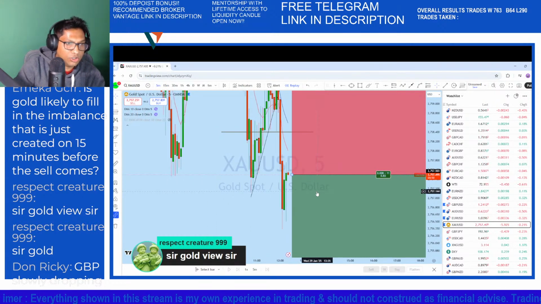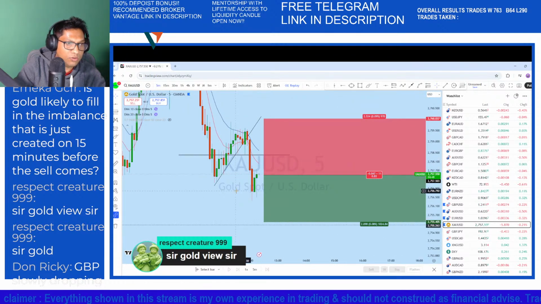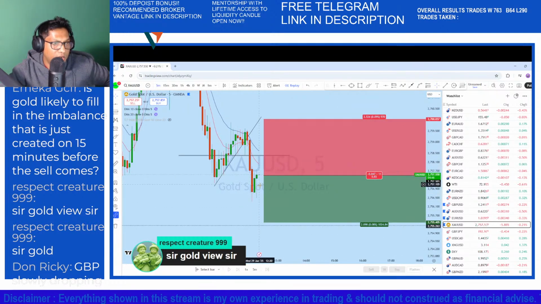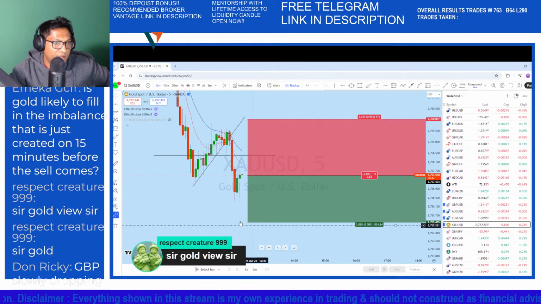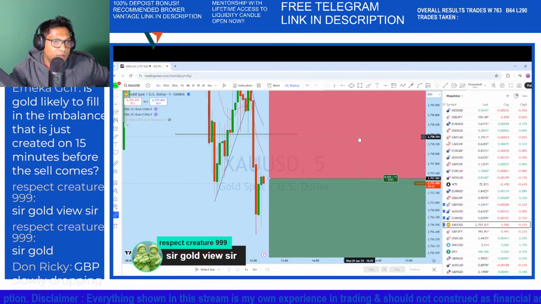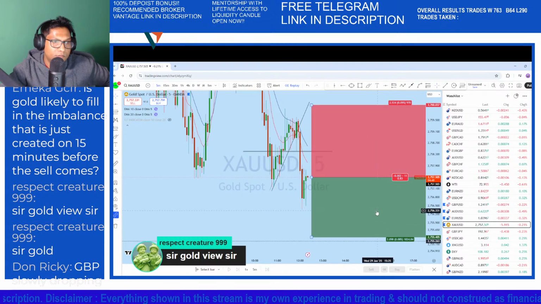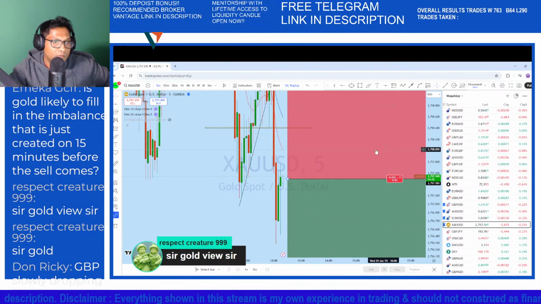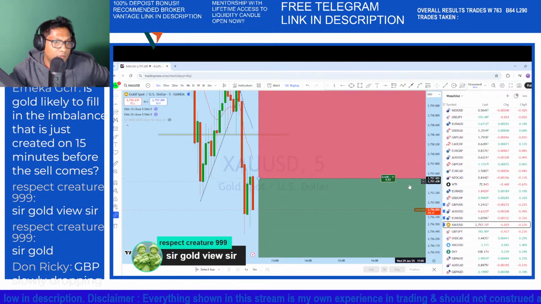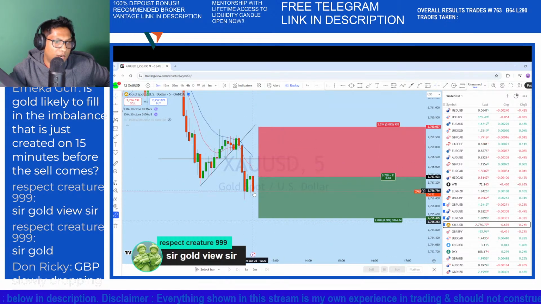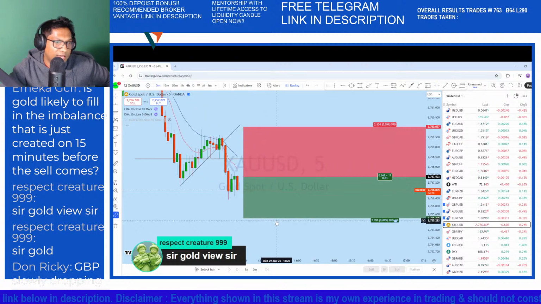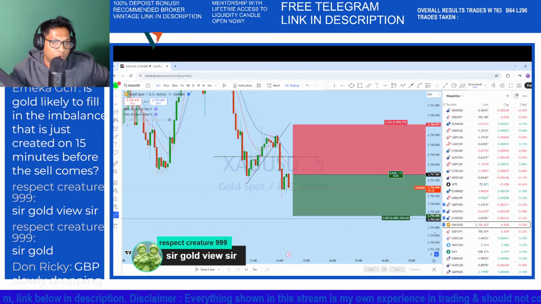So with that doji formation on XAU USD, with a breakout, wanting to see that it's coming back to that support level here. So we'll be waiting for the market to come down here to fill that zone to create a new lower low.